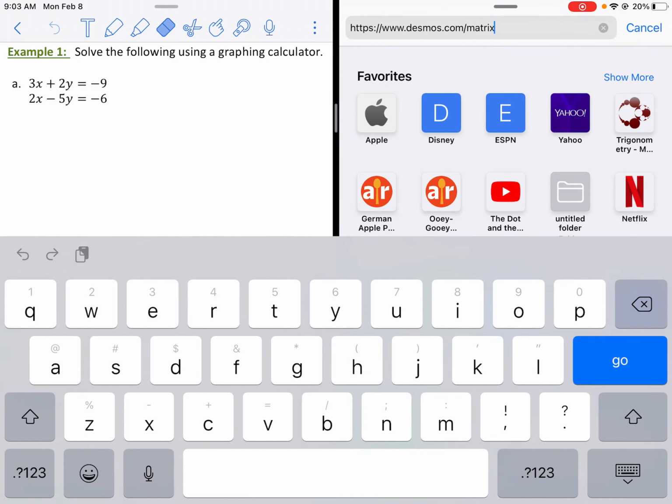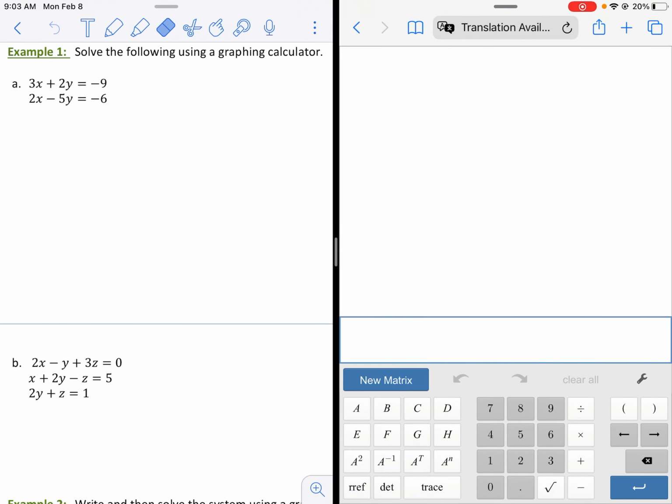This is not part of the built-in Desmos graphing calculator app. You'll have to go to www.desmos.com/matrix, or you can Google Desmos matrix calculator. It should bring up a page that looks like this, and we want to put our system of equations in augmented matrix form.